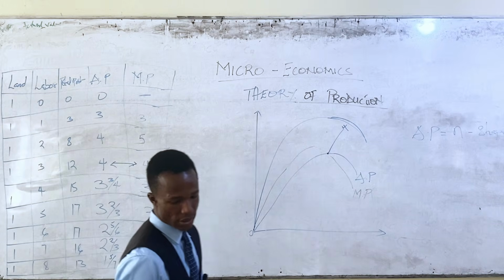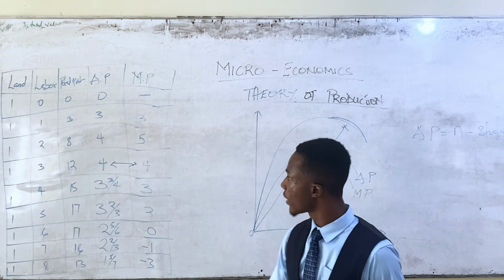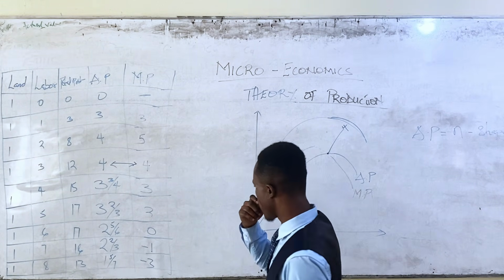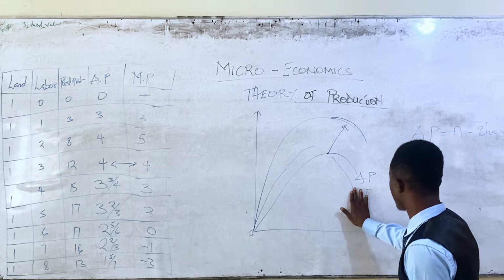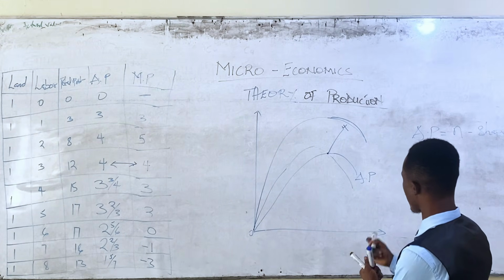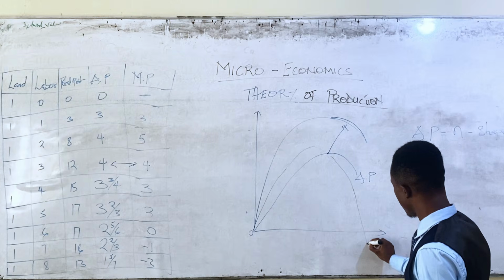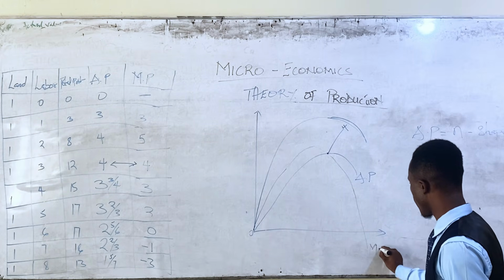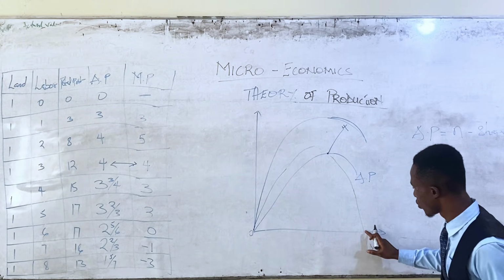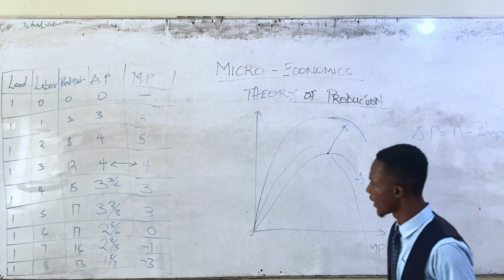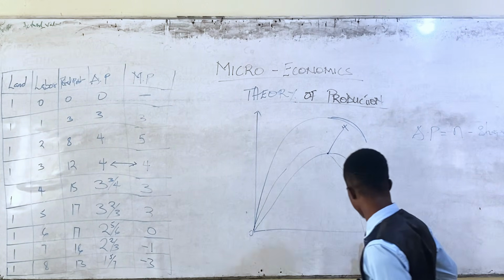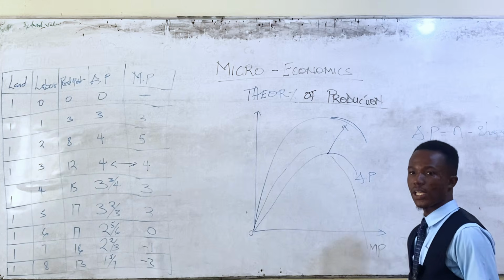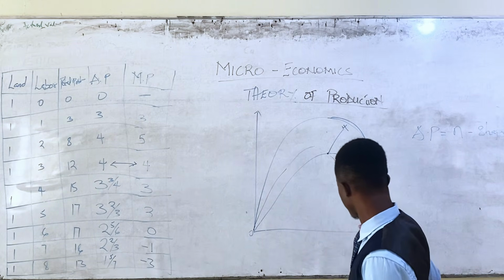Okay, then let's see if there is any other interpretation from the table. For the marginal product, it will just fall until it becomes negative. Once it crosses this line, it becomes negative. So the marginal product can cross the x-axis down there.